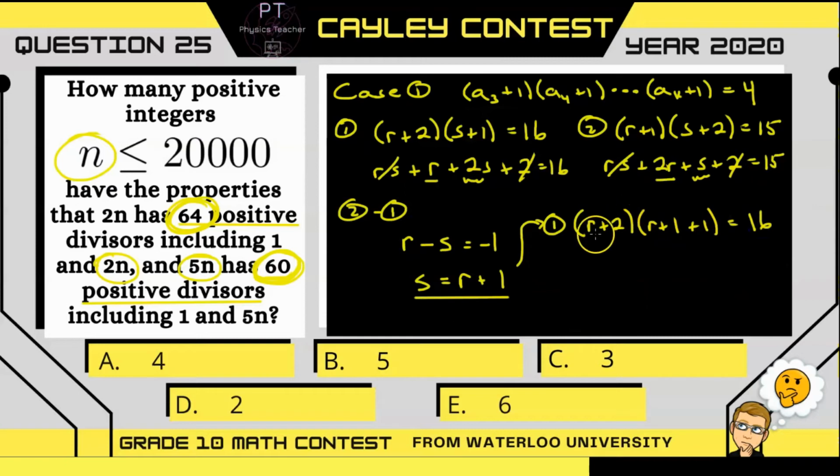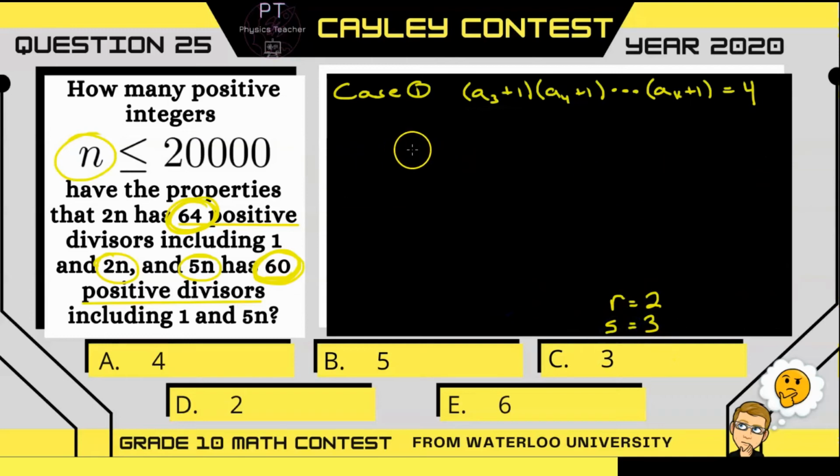Well, this is r + 2 and this is r + 2, so that is giving me (r + 2) squared. And that is going to be equal to 16, which is the same as 4 squared. And since we know that r must be a positive integer, this leads us to the fact that r is going to equal 2. And since r equals 2, if I look at this equation again, we can see that s is going to equal 3.